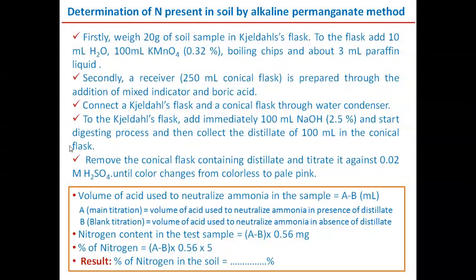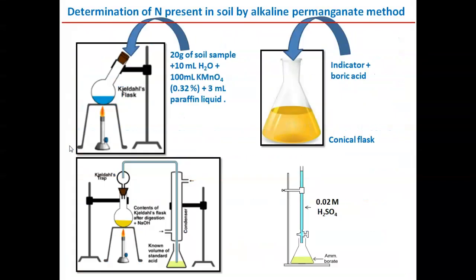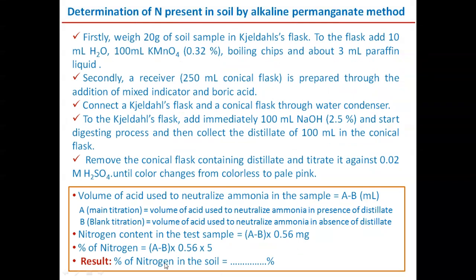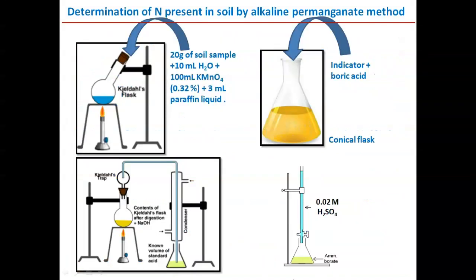Once we collect the distillate of 100 ml, that is the liquefied ammonia, remove the conical flask containing the distillate, and titrate against 0.02 molar H2SO4 solution until the color changes from colorless to pink.